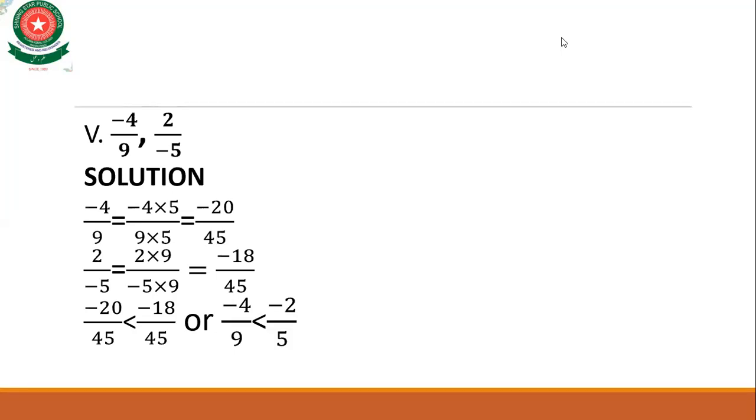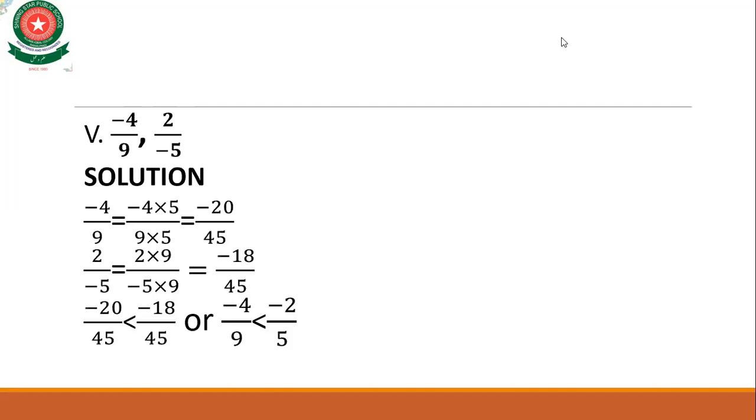Now 2 by minus 5, we have to multiply 9 with 5 to get 45. So we are going to multiply 9 with numerator and denominator.